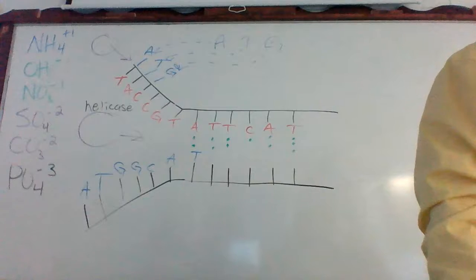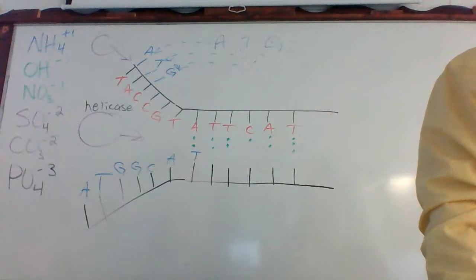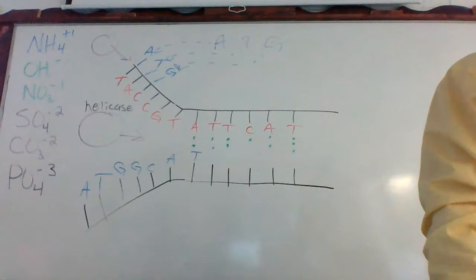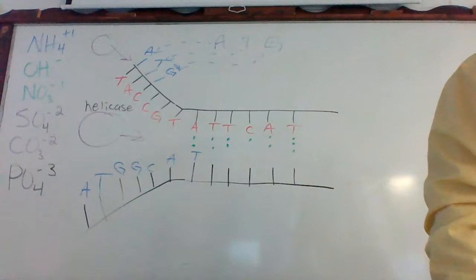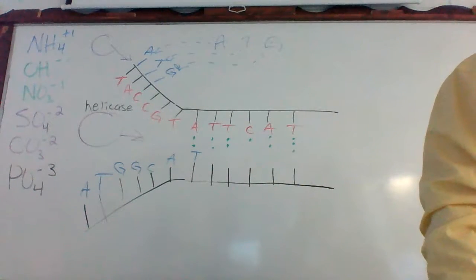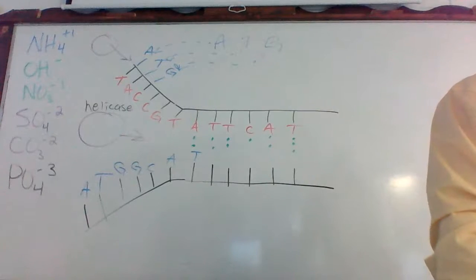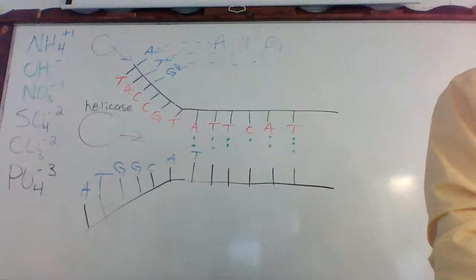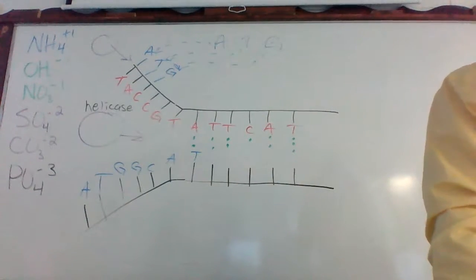So if those headings were not on there where it says DNA and RNA, okay, how would you know that the right structure, the one on the right, is DNA? What clues do you see on there that tells you that that is DNA? The first thing is what? Yes, it's a spiral. It's a double helix.